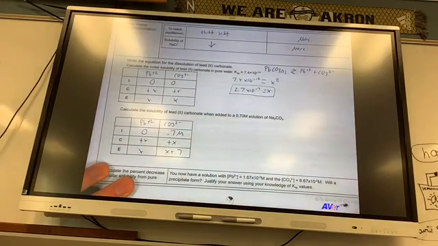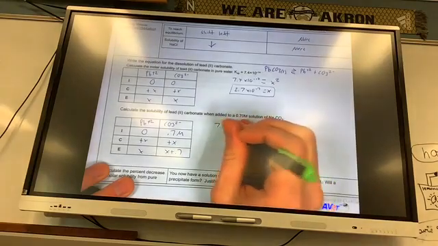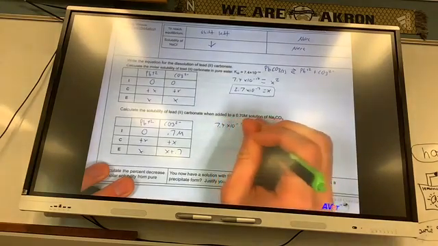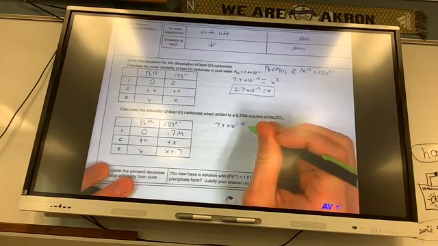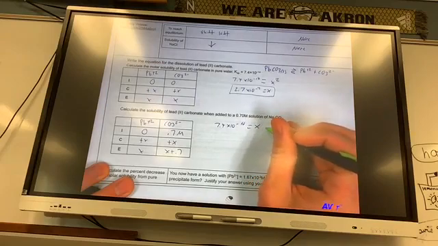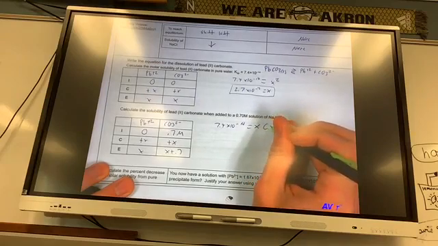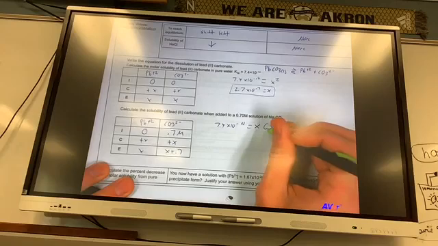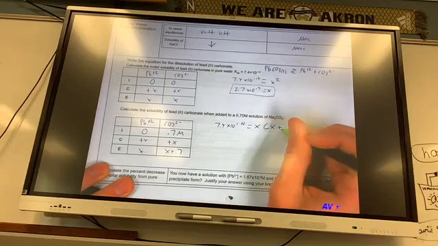So now I'm going to have something different, and I'm going to have 7.4 times 10 to the negative 14th equal to x times x plus 0.7.